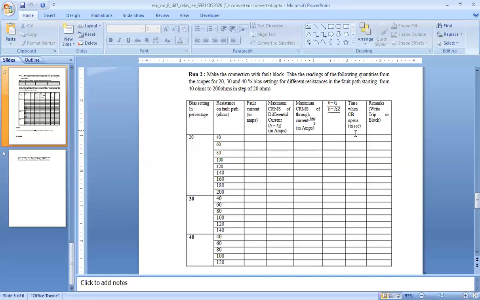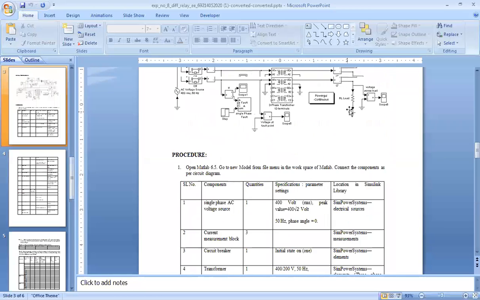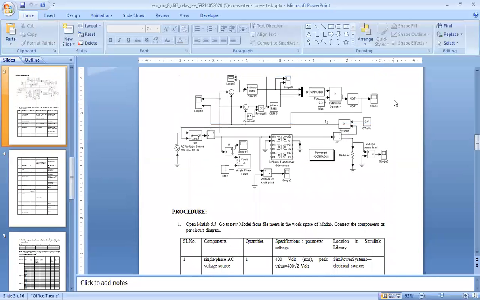Then the time when the circuit breaker opens can also be obtained from this CRO or this CRO.